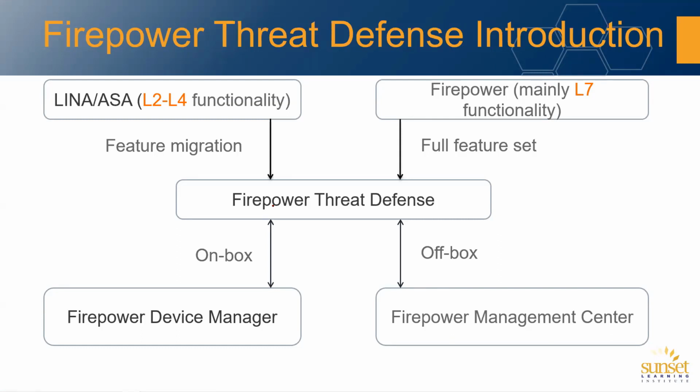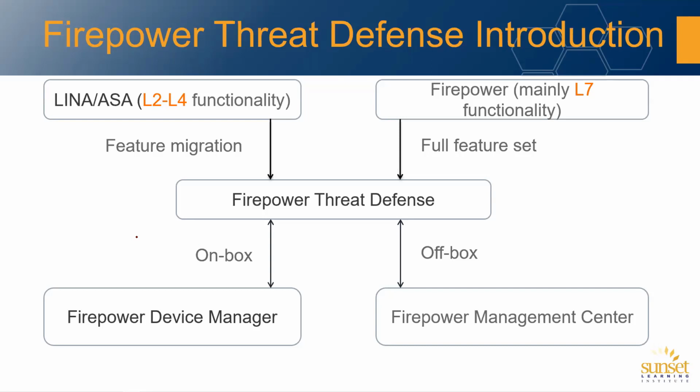So, firepower threat defense, the introduction to this. I've got my Lina ASA plane, which is my layer 2 to layer 4 functionality. Okay. And then I have my layer 7 functionality, which is my firepower. So that's my SNORT stuff. And they tie them all together and you have the firepower threat defense.